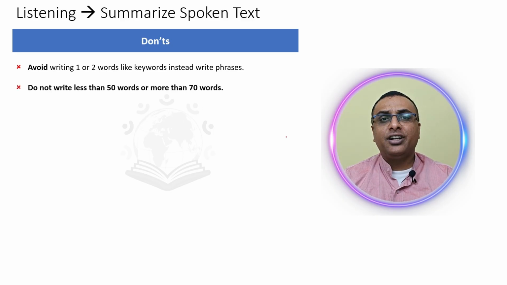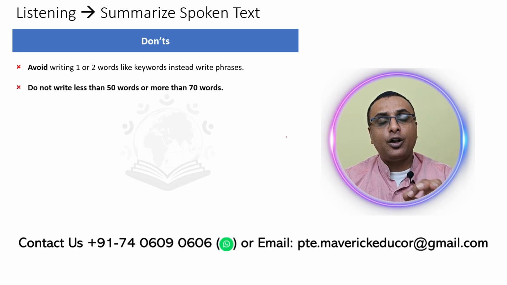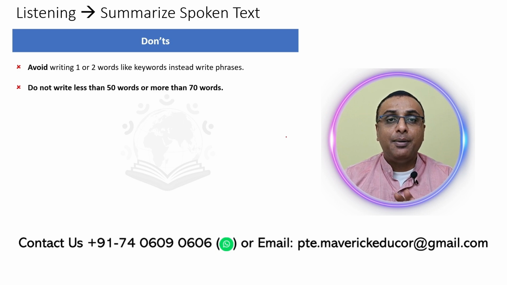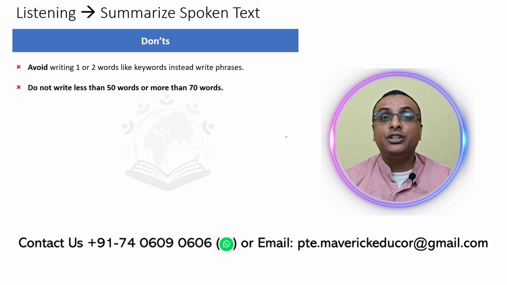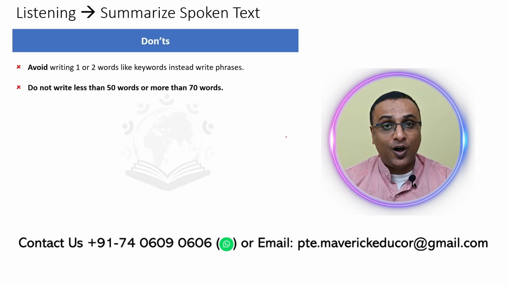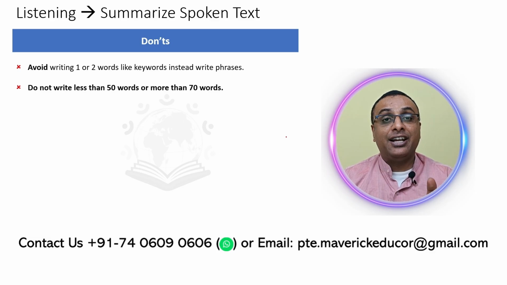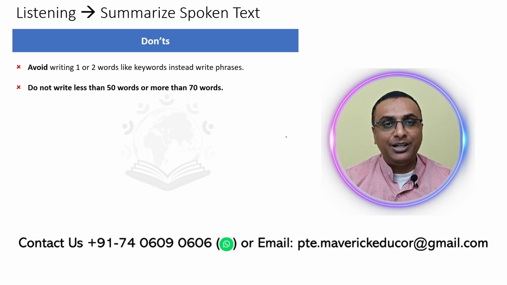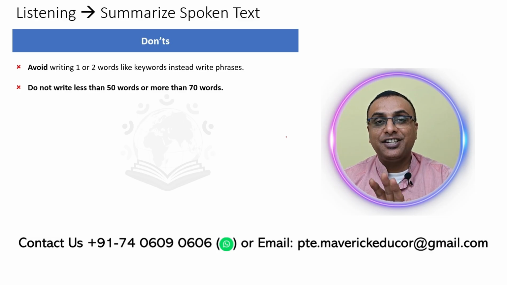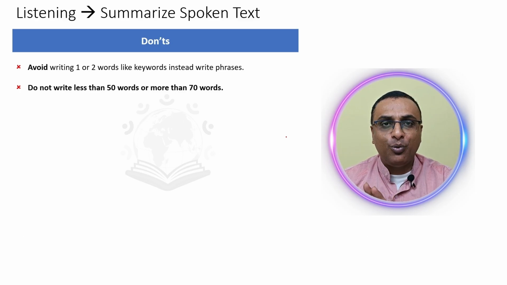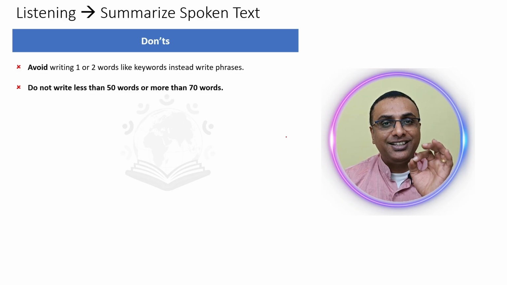Next, don't write less than 50 words or more than 70 words. PTE will not evaluate your entire answer at all. Instead, as I had recommended earlier, you need to write between 60 to 65 words only. That will be more than sufficient, including the template.